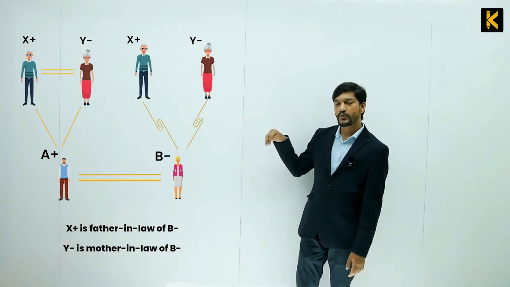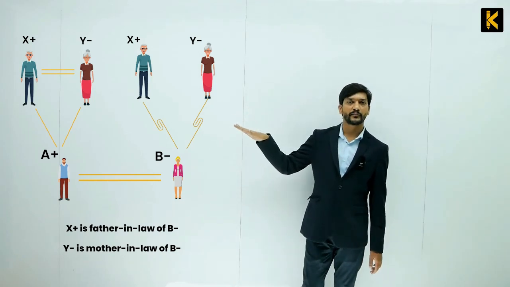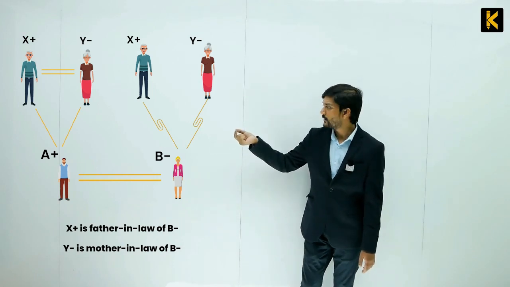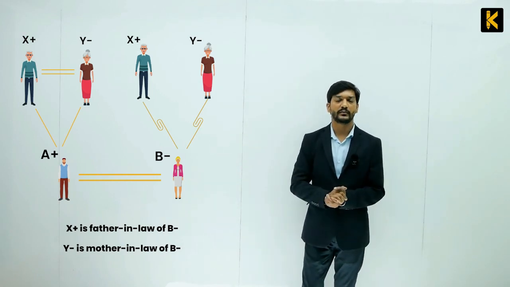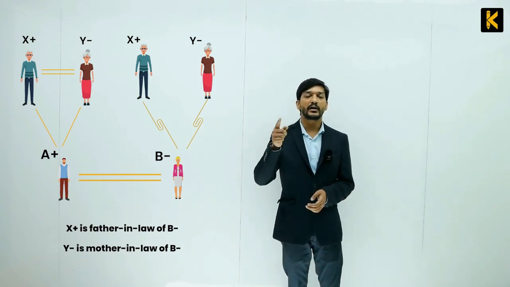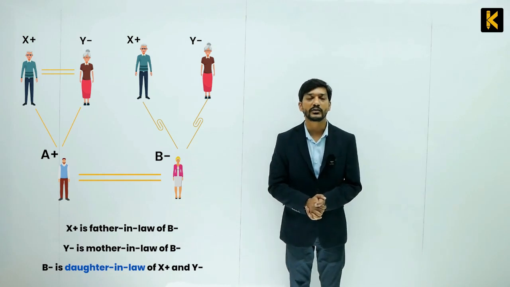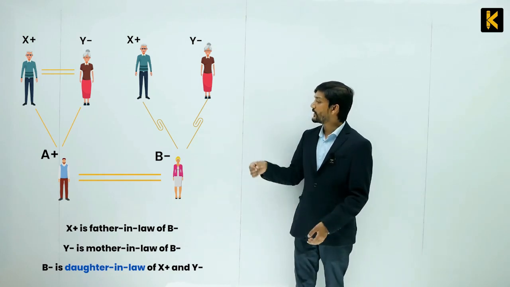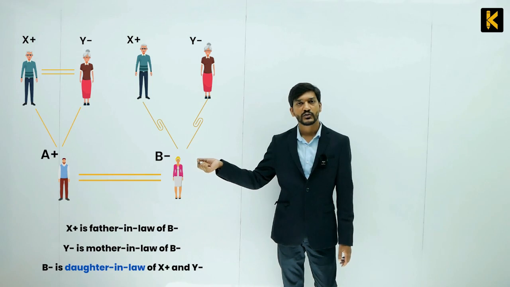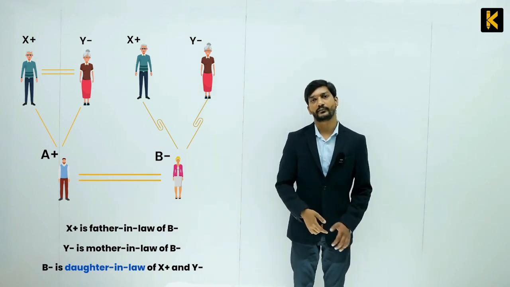So if I ask opposite, okay, X and Y are mother-in-law, father-in-law. So for X and Y, B will be what? So for X and Y, the wife which is B will be the daughter-in-law. You see, the husband is the son, so the wife will be the daughter, but not just a daughter.